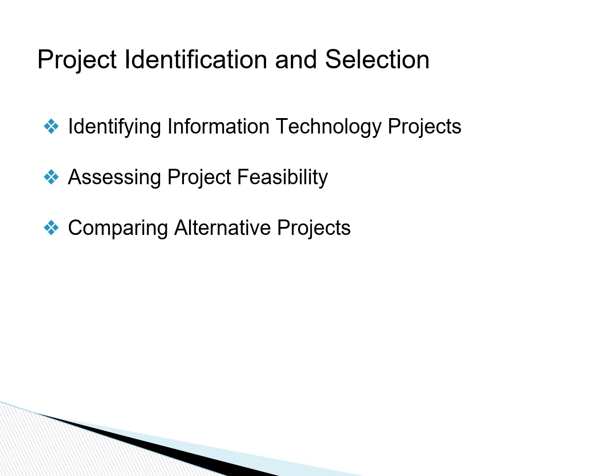You know, what kind of returns we are going to get, what kind of risks are associated with them, and based on those we compare alternative projects, alternative ways that we can do projects, and select a project based on our business objectives and the set of criteria that we come up with. Those are the criteria that are important to us.